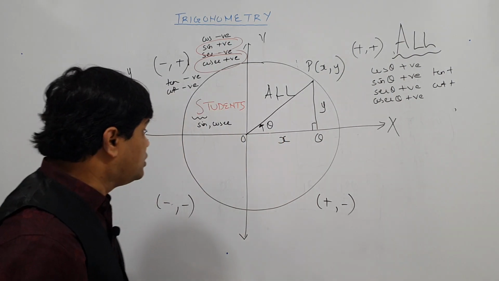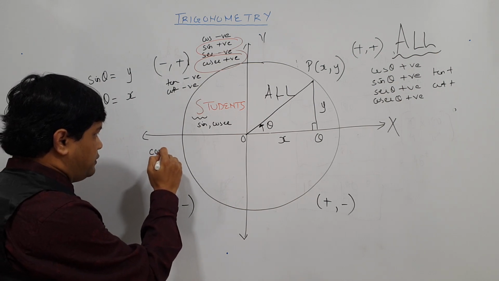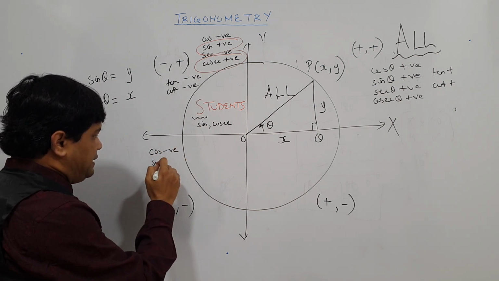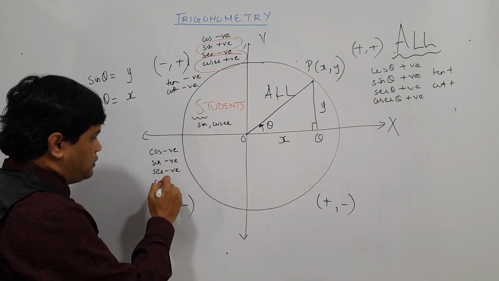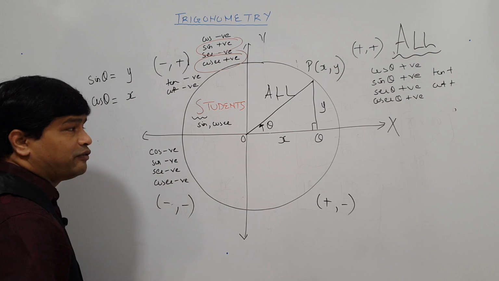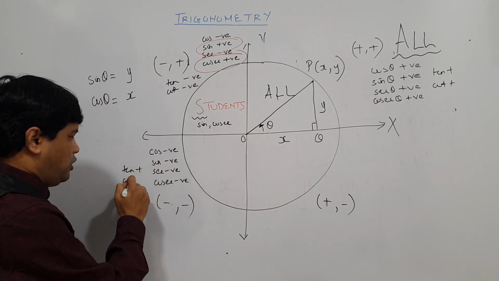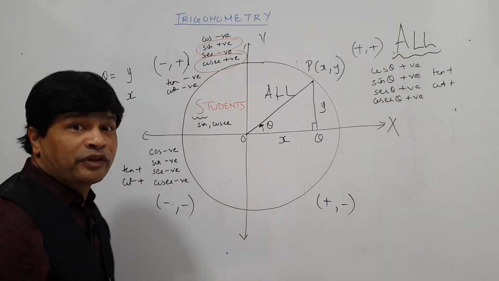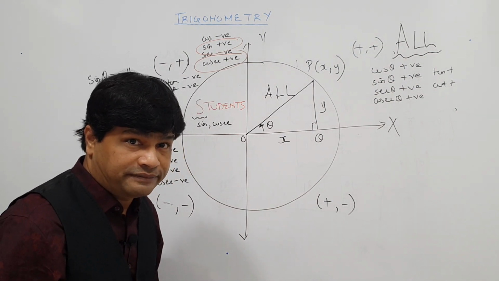Now, third quadrant, x negative, cos negative, sine negative, sec negative, cosec negative, tan minus upon minus is plus, cot reciprocal of plus is plus. So in the third quadrant, tan and cot are positive.